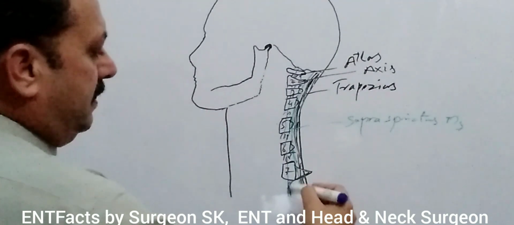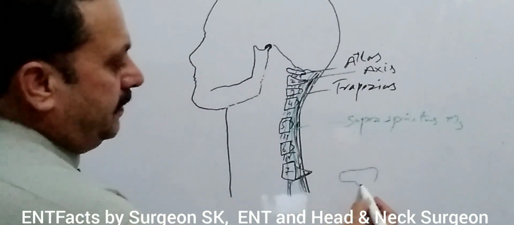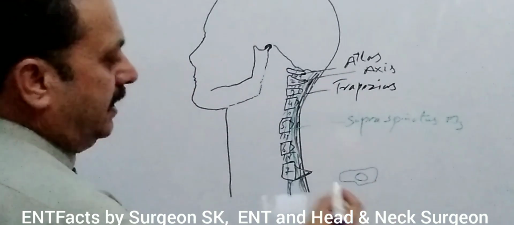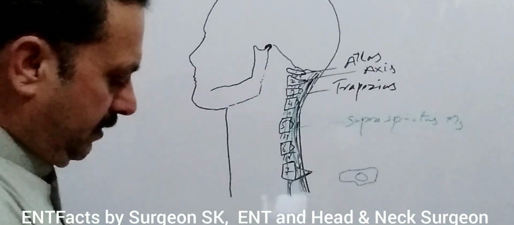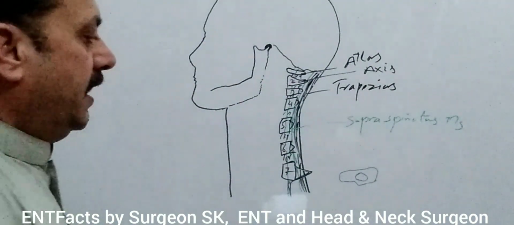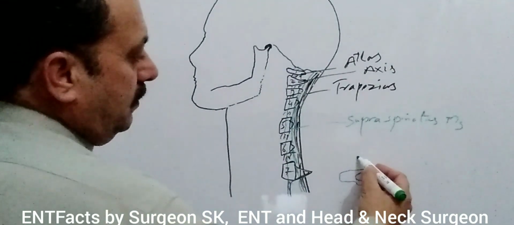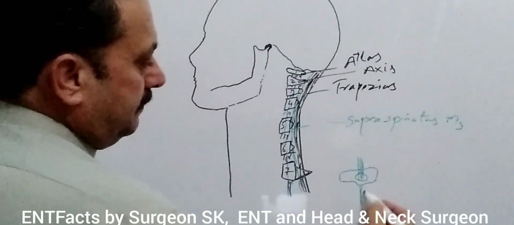The spinal cord runs through the vertebra. For example, this is the vertebra. There is a hole inside every vertebra, and the spinal cord passes through these vertebrae, which make a column, vertebral column. And through that column, the spinal cord passes.